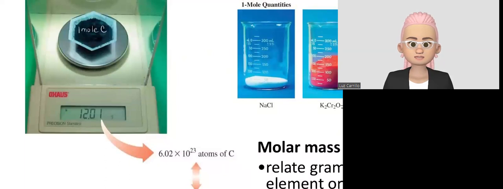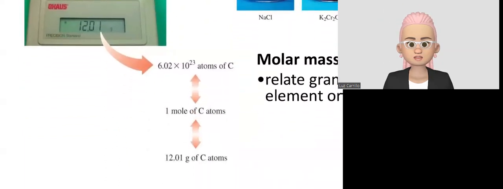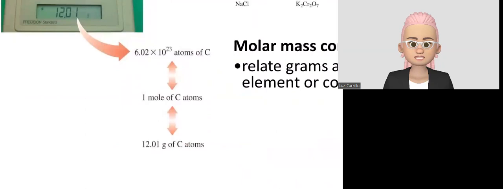Now, that value of 12.01 grams is something that, if you pay close attention to the periodic table, you may have seen before, because this is actually the atomic mass for the element. We first learned that atomic mass will have units of AMU, but there's also another additional interchangeable unit that can be utilized.